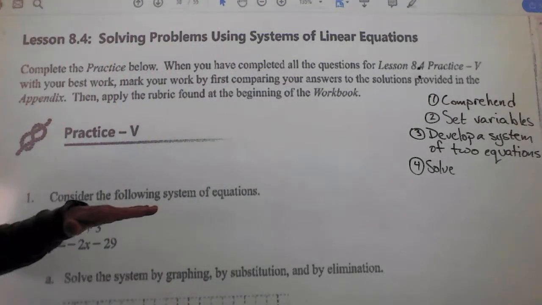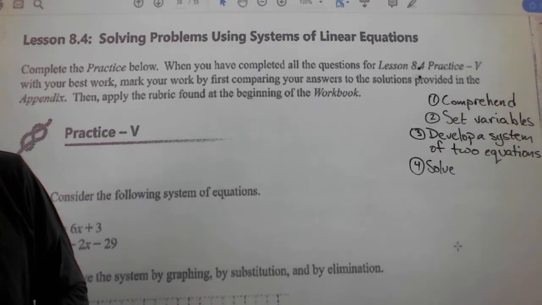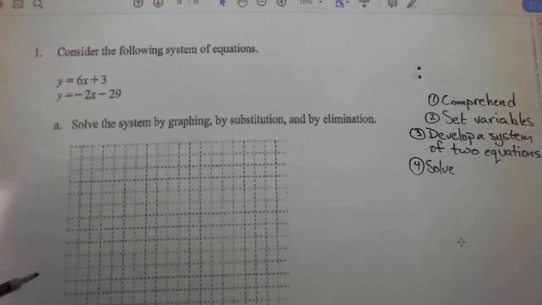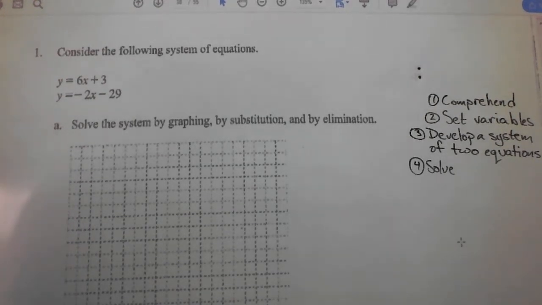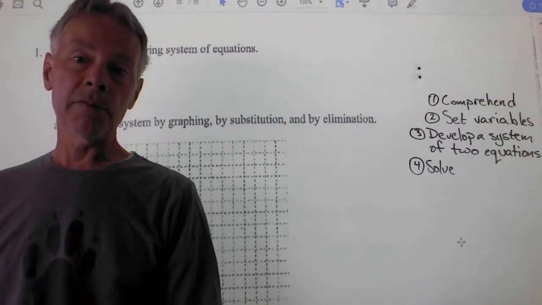Okay? So the first thing we're going to do is very quickly, we're just going to solve this particular system, and it's asking us to solve it three different ways. Okay? Now, I'm not going to solve it three different ways because that's going to take a lot of our time up.